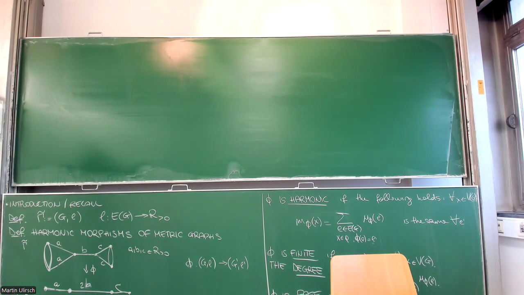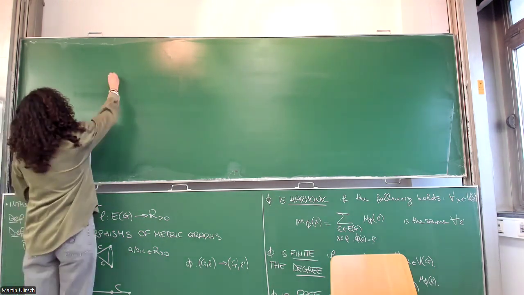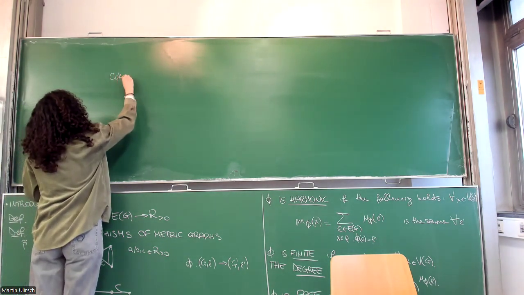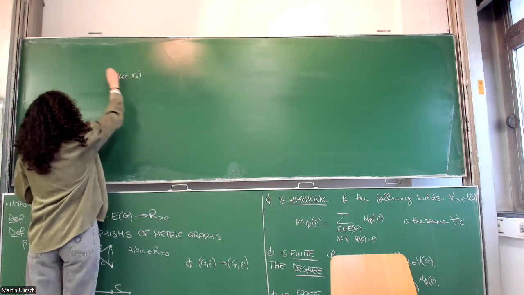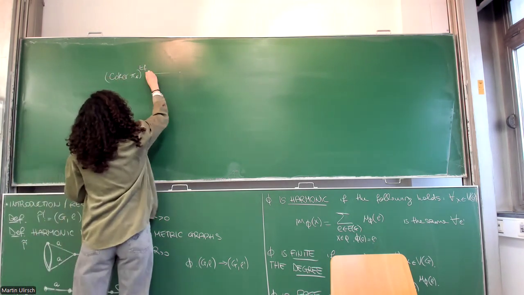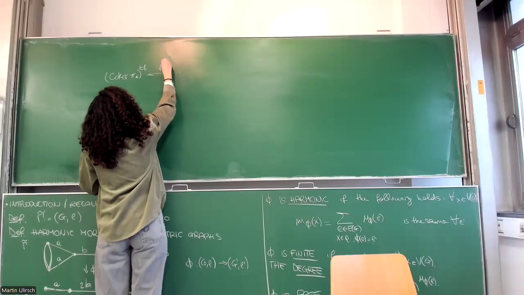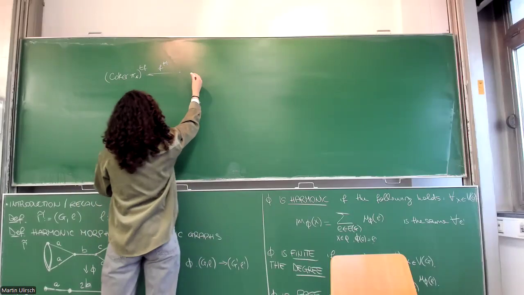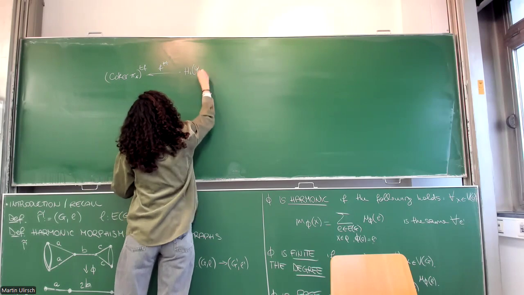So we proved that if we start with the cokernel, we have a map here, upper hash, from H1.